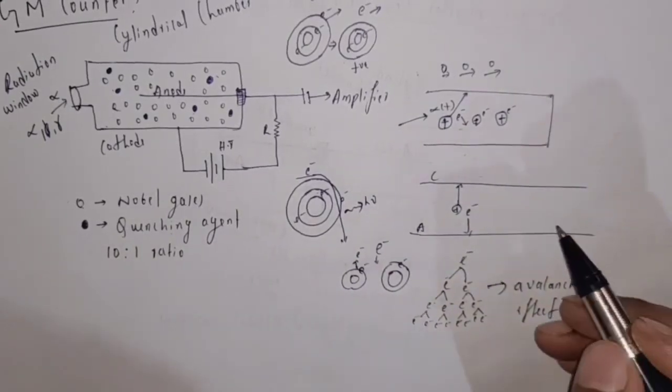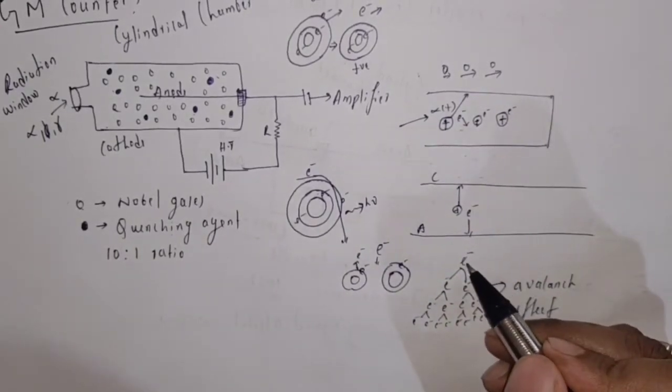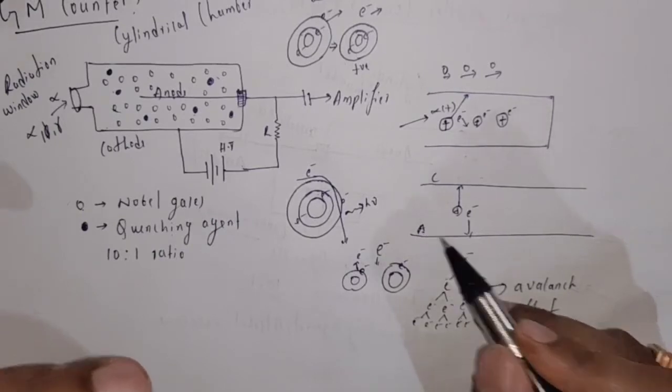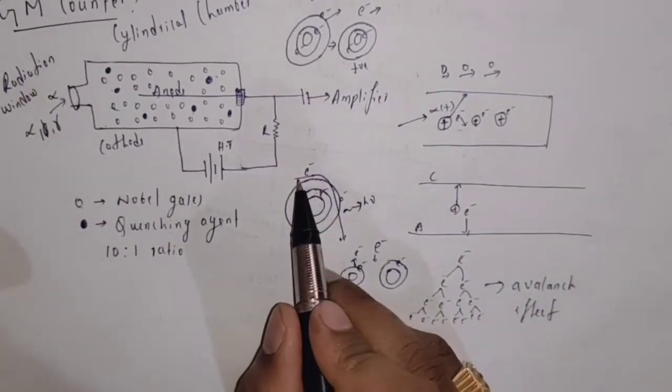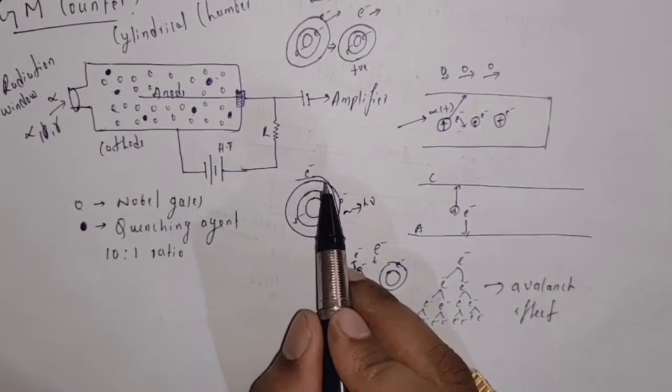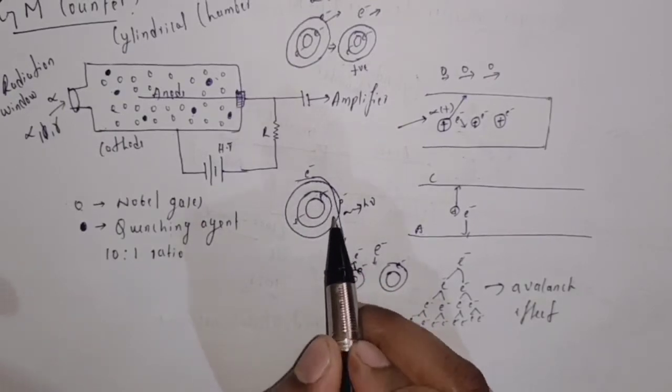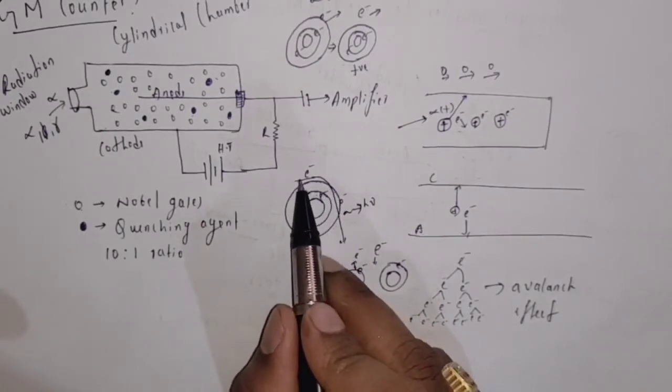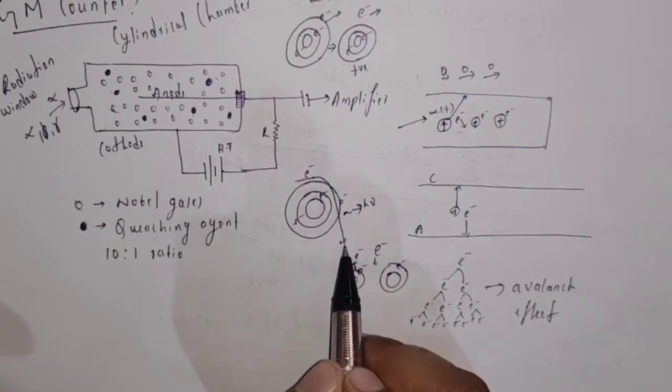And one more thing: while this electron is moving towards the anode, because of the Bremsstrahlung effect, the electron moving inside the atom, because of its negative charge, is going to bend.